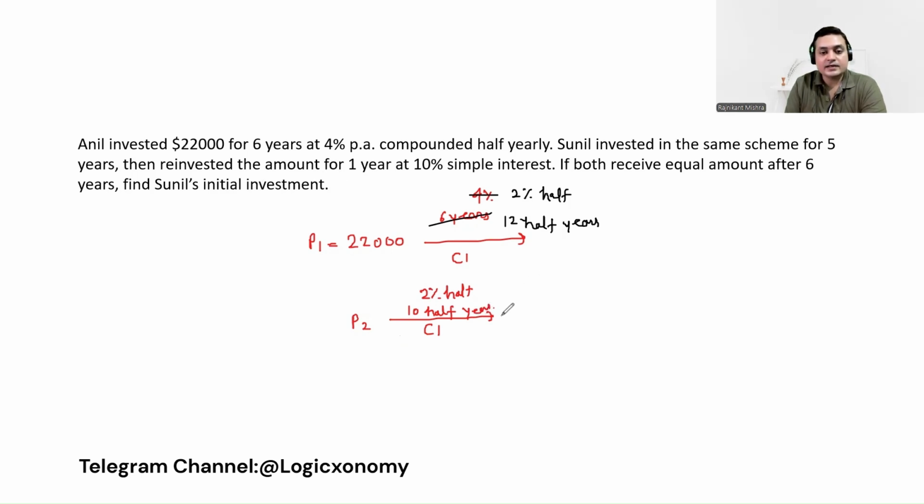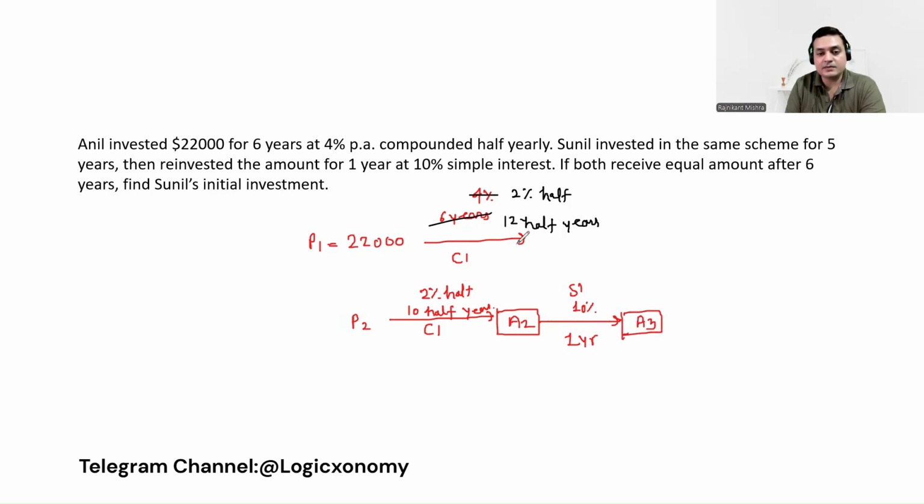And after that, he reinvested this amount. Suppose the matured amount of P2 after 5 years becomes A2, and A2 will be invested for 1 year at SI 10%, and this amount after increment becomes A3.